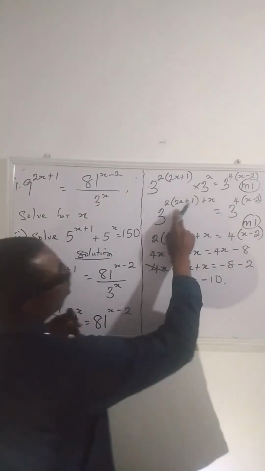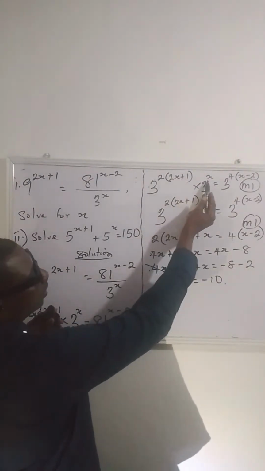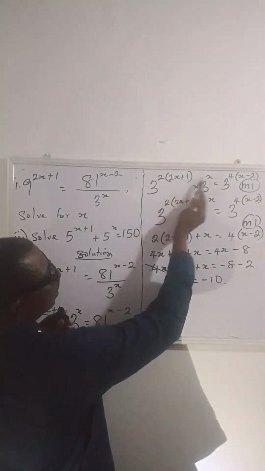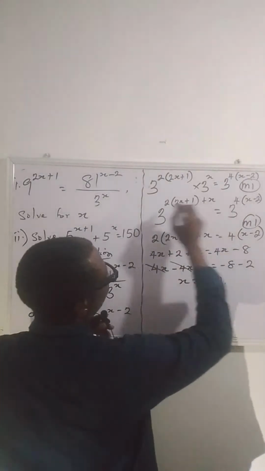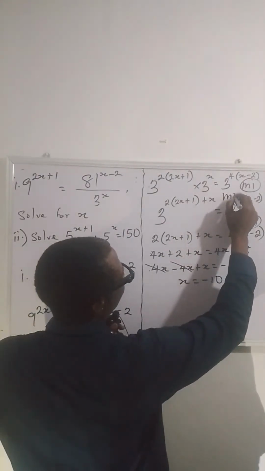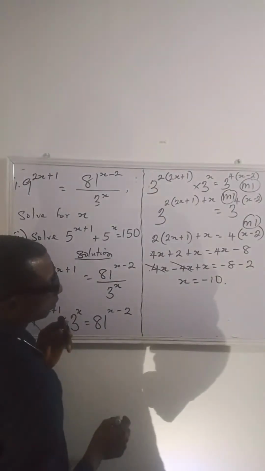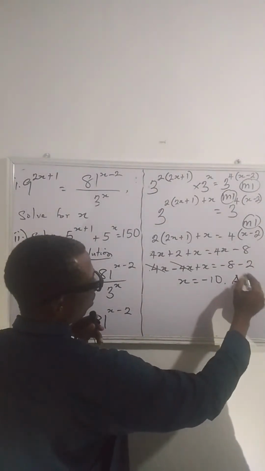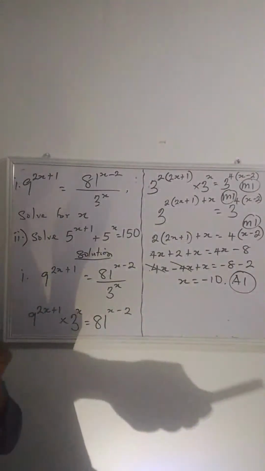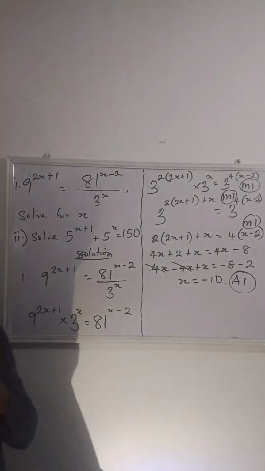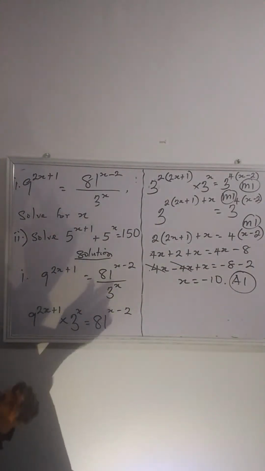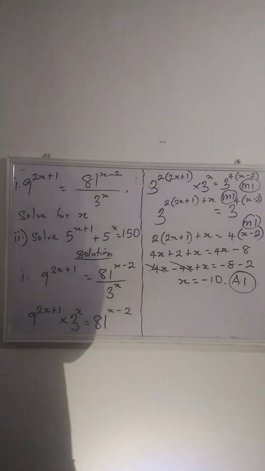There should be a mark for this because law of indices have been applied for adding this and this together. So you have M1 here, okay? And for getting this answer, we have A1. So altogether, we have 4 marks to that question. All right, I want to believe you are learning 1 or 2 things.